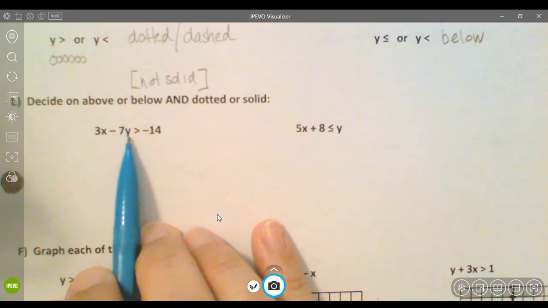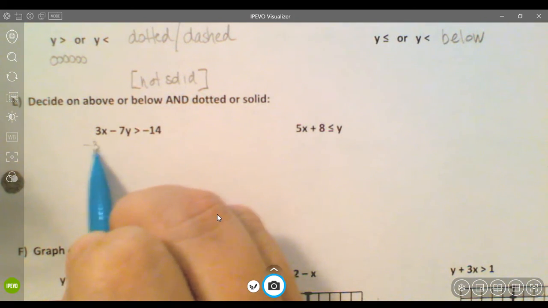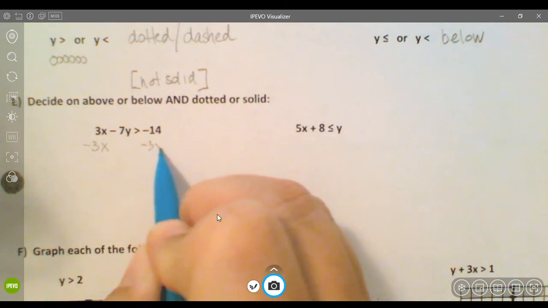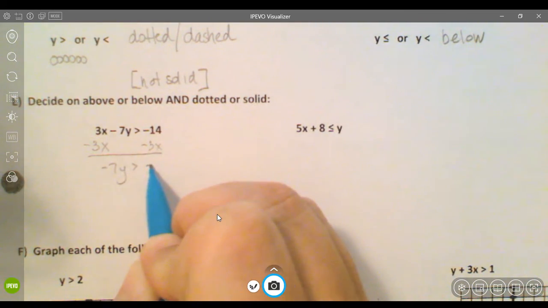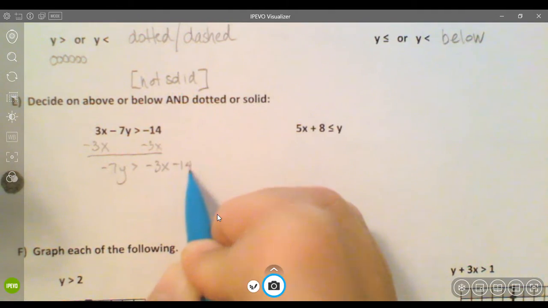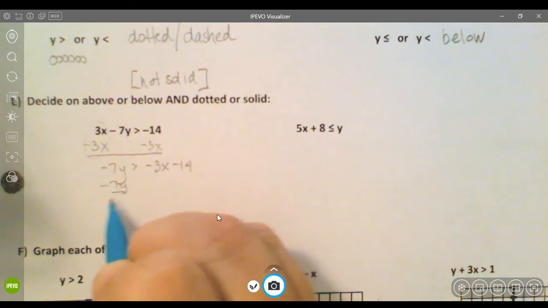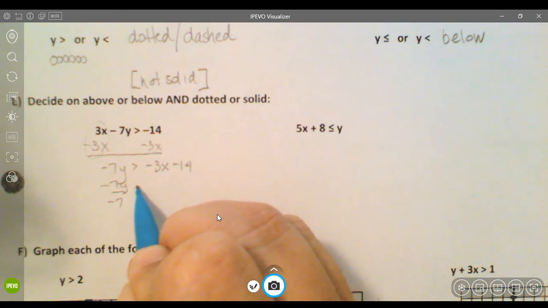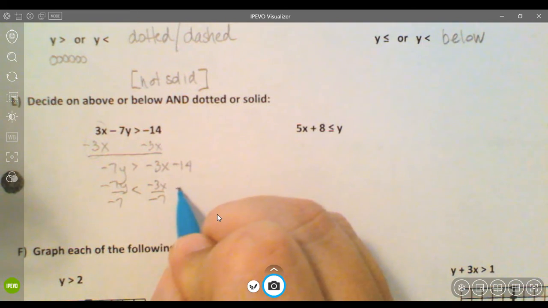Okay, so when I look at these two, I want to look how y compares to the inequality. Well, it's got all this stuff attached to it. So let's solve for y. Thank goodness we practiced that as well. So we'll get negative 7y is greater than negative 3x minus 14, because you know those zeroed out. Now we're going to divide by negative 7. Uh-oh, when we divide, the inequality turns around.